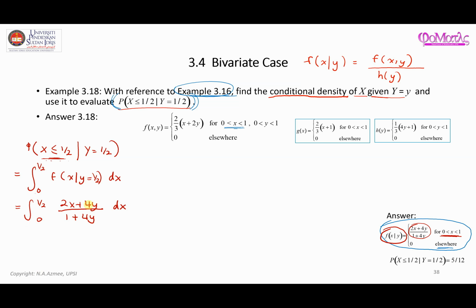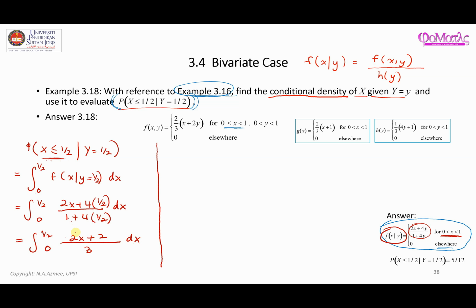So we can just substitute y equals half into this part and this part also, which makes things a bit simplified for us. Here we have (2x plus 2) over 3, dx.